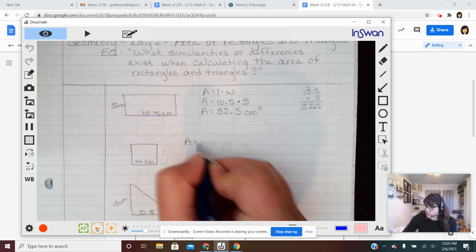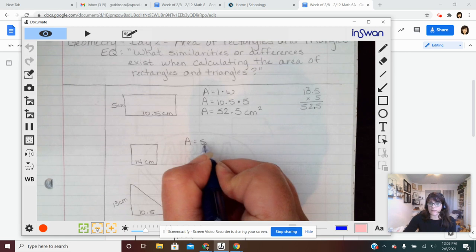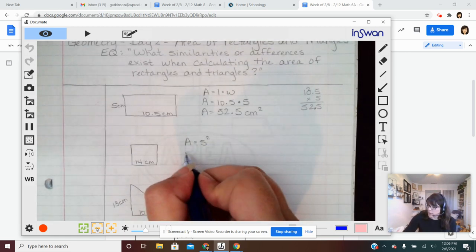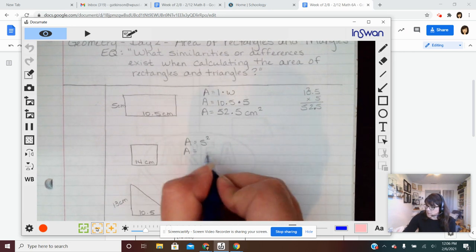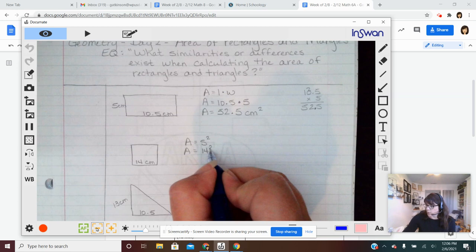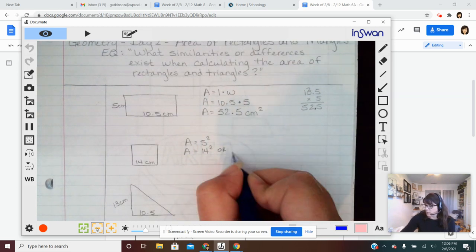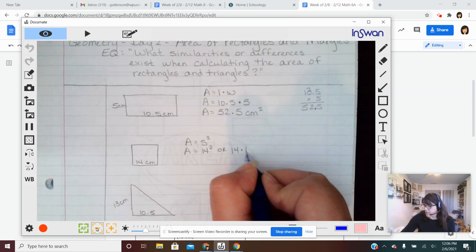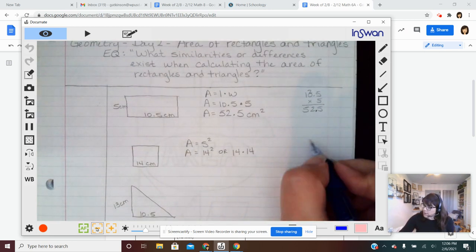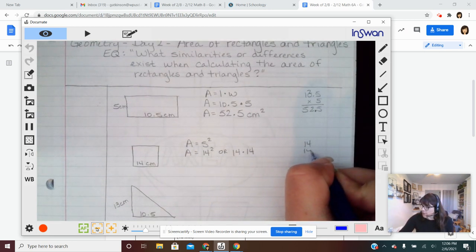Area equals the side length squared. Area equals 14 squared, or 14 times 14. Okay, again, practicing my multiplication skills.